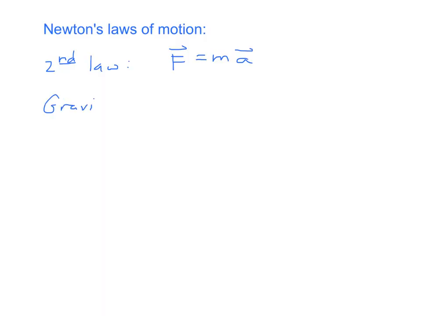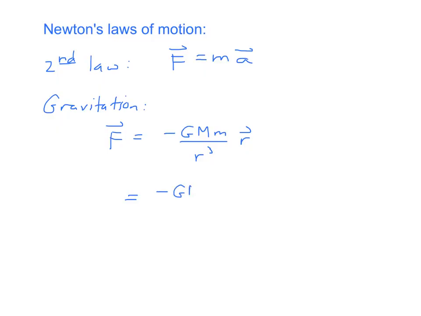And the law of gravitation is that the force due to gravity of an object is equal to minus the gravitational constant times the product of the two masses over r cubed, where r is the length of the radius vector, multiplied by r, the radius vector.